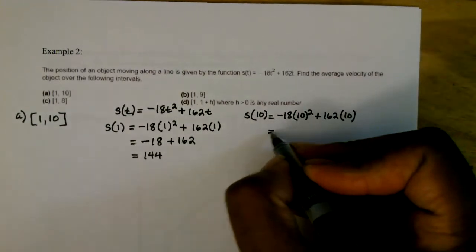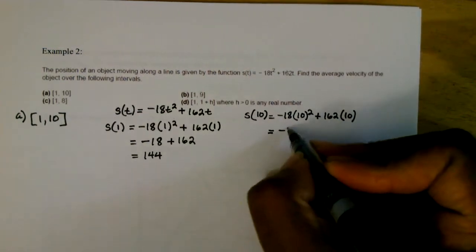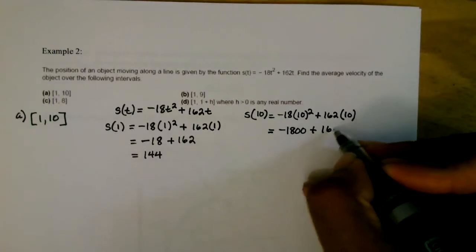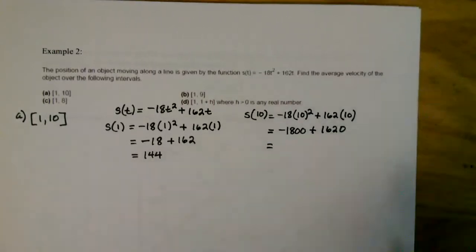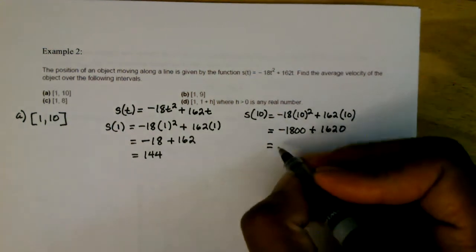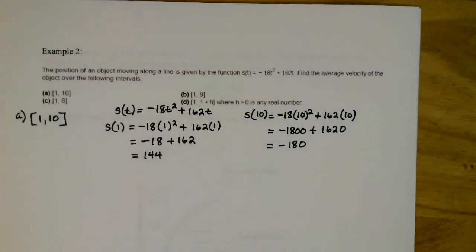And then we simplify. 10 squared is 100 times negative 18 will be negative 1800, plus 162 times 10 will be 1620. Now, negative 1800 plus 1620 would be negative 180. So S of 10 is going to be negative 180.